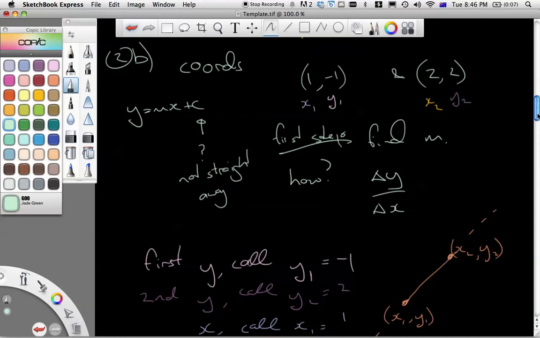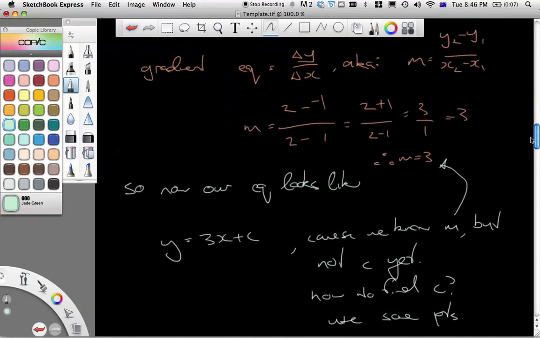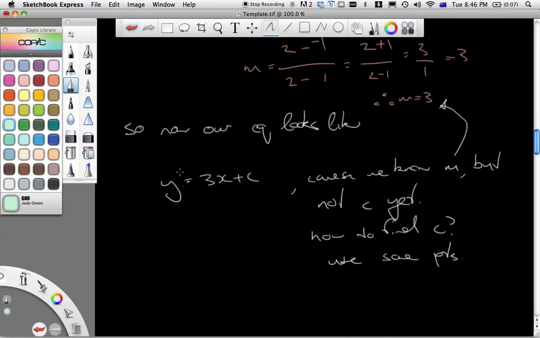So we can put in x1 here and y1 here, and that'll give us a value for c. Or we could put in x2 here and y2 here, and that'll give us a value for c, and that c value will be the same.